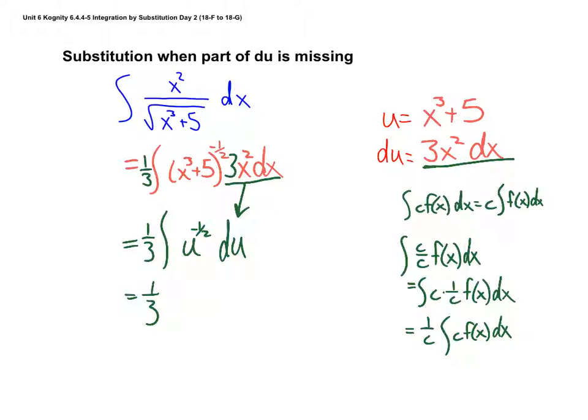All right? So, if you don't have du, look for a way that you can get du. If du were a 10x squared, I'd multiply by a 10 on the inside and a 1/10 on the outside. Whatever I needed, I would just multiply by that on the inside and multiply by the reciprocal on the outside.